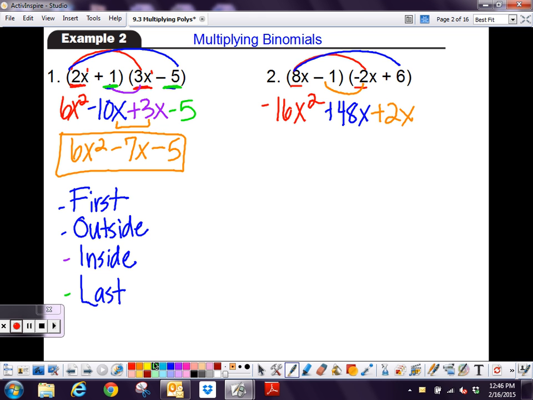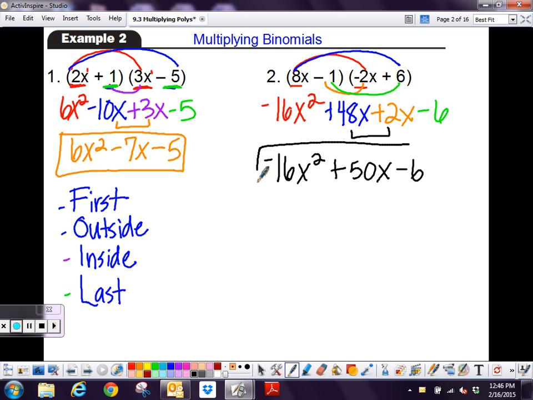And then I'm going to do the last, which is negative 1 times 6, which is minus 6. My like terms, again, are right there in the middle. So I have negative 16x squared plus 50x minus 6. And that is our answer.